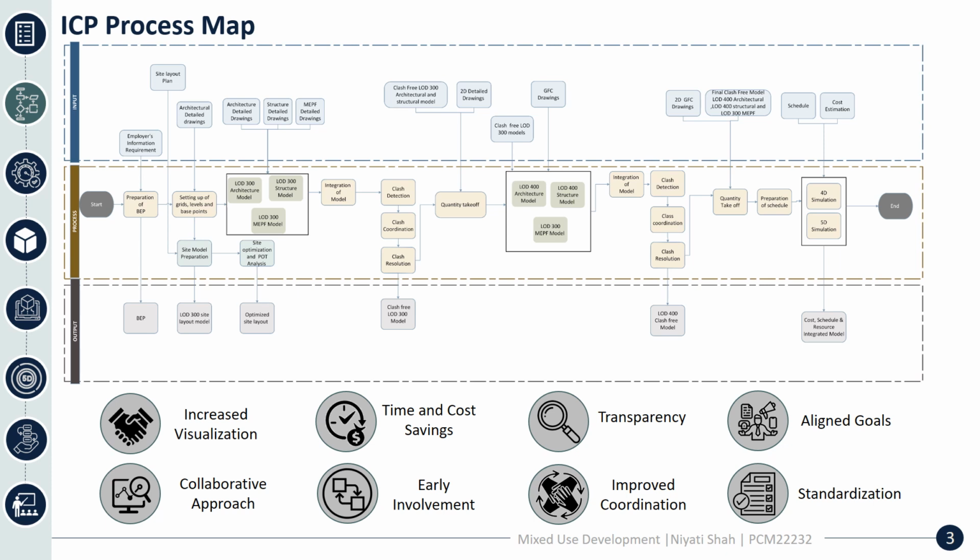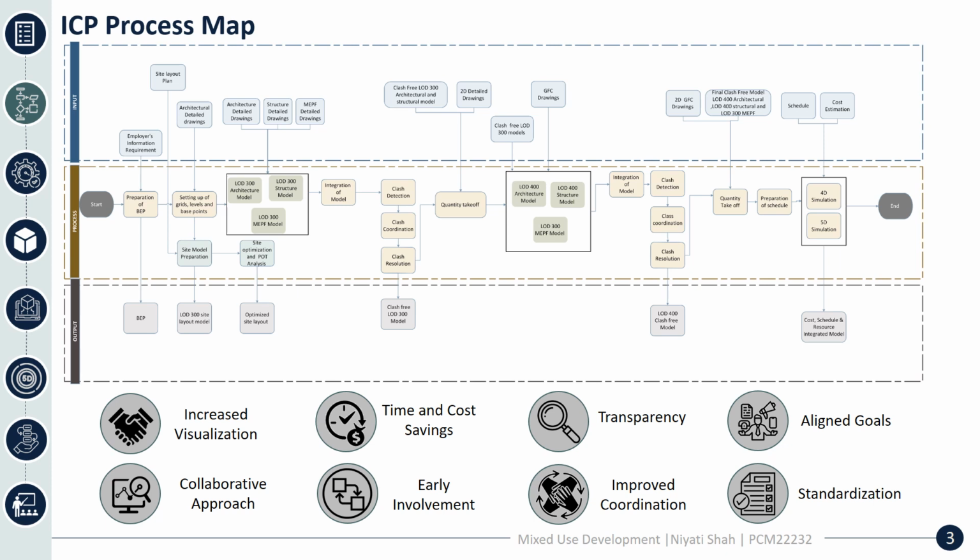According to the BIM uses and the employer's information requirement, LOD 300 models are prepared, consisting of architecture, structure, and MEPF. After that, clash detection, clash coordination, and clash resolution are done, and we get clash free models.